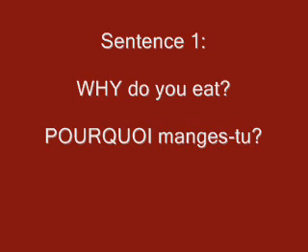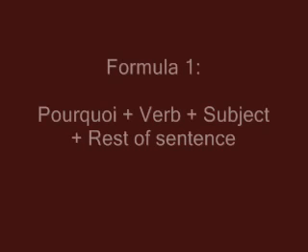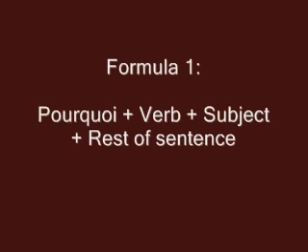In this sentence I'm placing the verb before the subject. The verb here is mange, and the subject is tu, and that's why I call it the method of inversion, because the verb will generally be placed before the subject. So the formula is pourquoi, which is the interrogative pronoun, plus the verb, plus the subject.